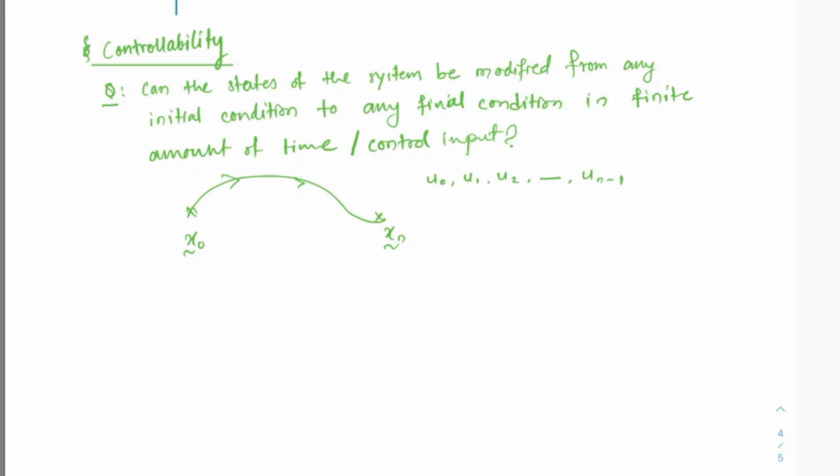In observability, we ask, can we uniquely determine the initial state, given the series of measurements and series of control inputs? Here we are asking, can I go from any arbitrary state x0 to any arbitrary state xn in finite inputs? So we can have multiple inputs.